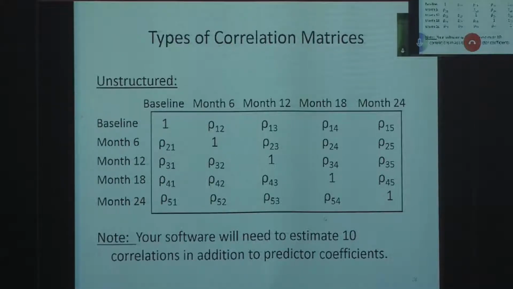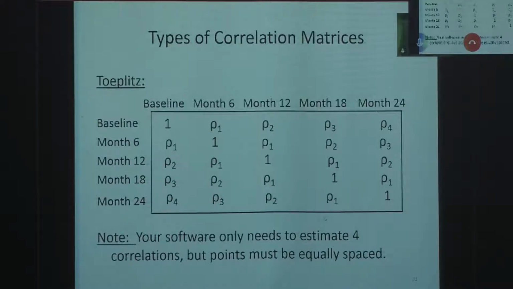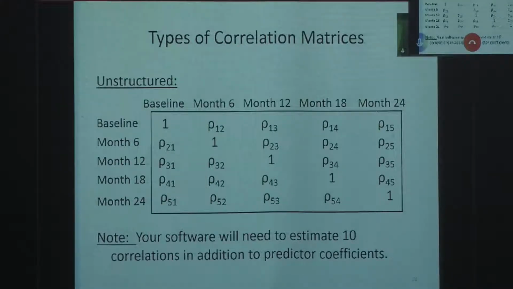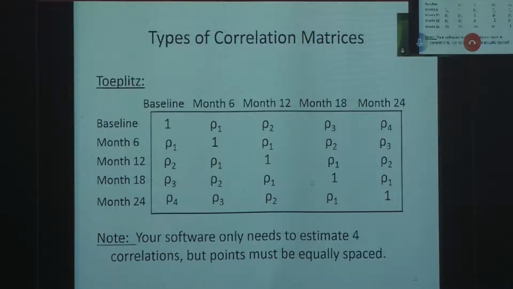It's doable if you have enough data, but it is going to take power away from your estimates of the betas. And so let me ask you, for this sort of study, a longitudinal study, would you be willing to live with a simpler correlation matrix?